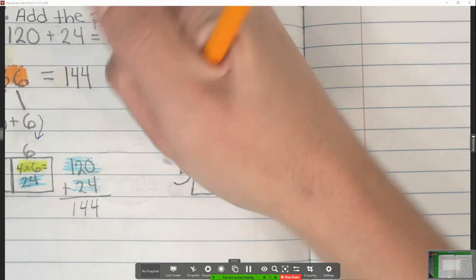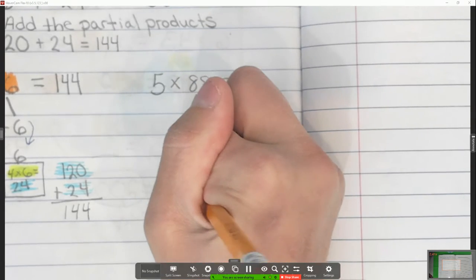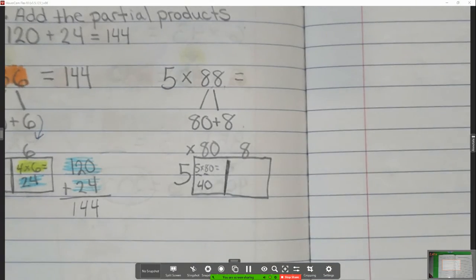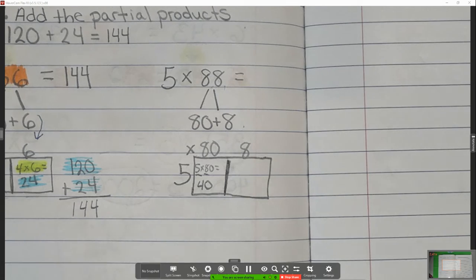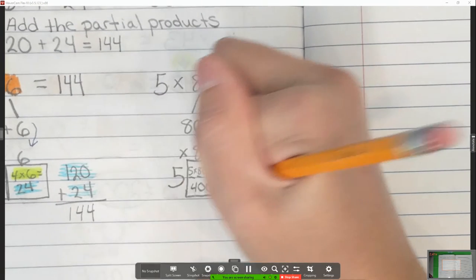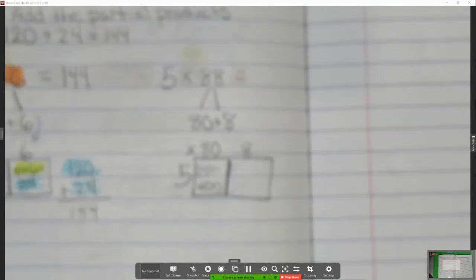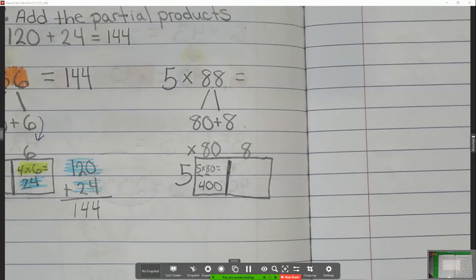So that's 5 times 8 is 40, but how many zeros do I add over? 1. So the answer is actually 400. Because you did the fast fact, you did 5 times 8, but then remember we have to bring over that 0. We have to add that 0.